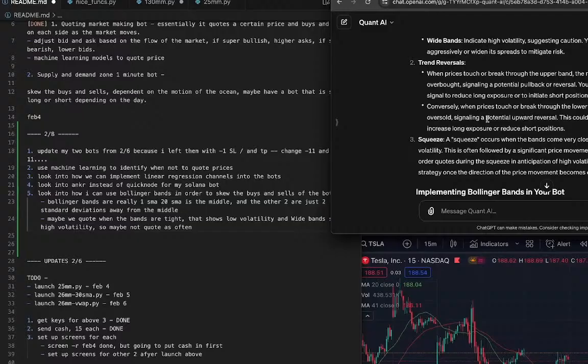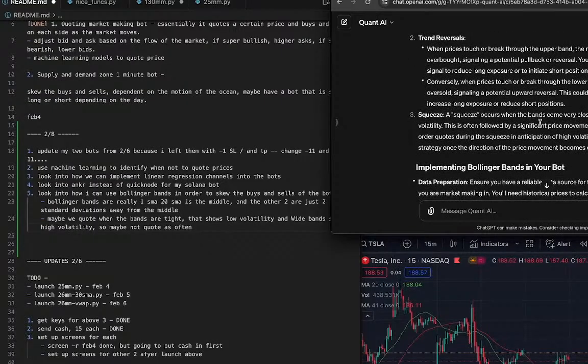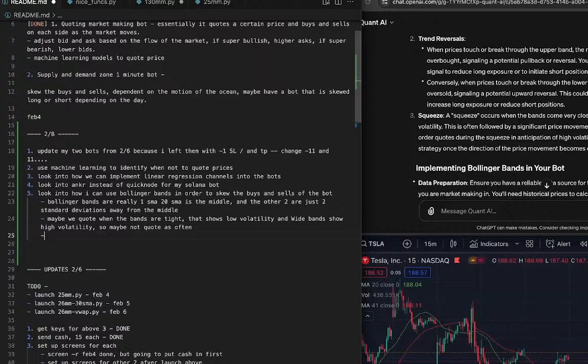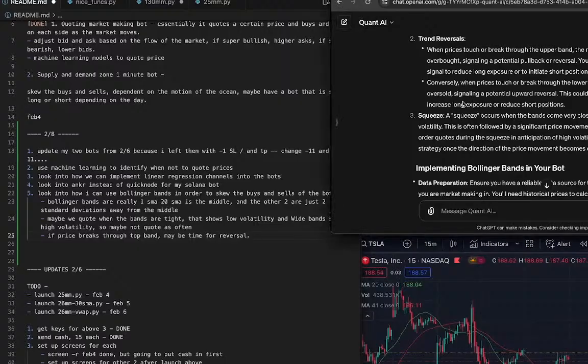Conversely, when price touches or break through the lower band, the market might be oversold, signaling potential upward reversal. Okay, so if price breaks through, top band, maybe also could be, you gotta test that.